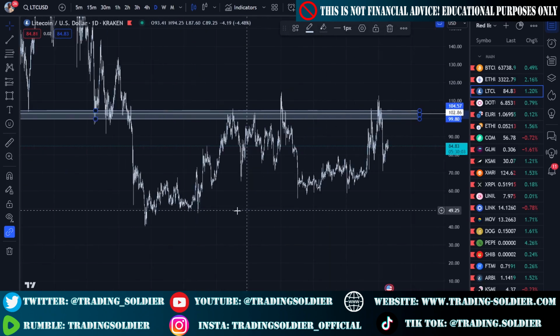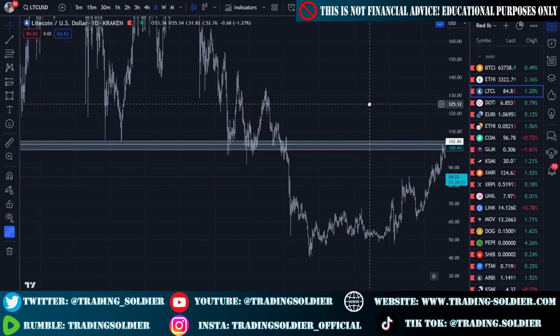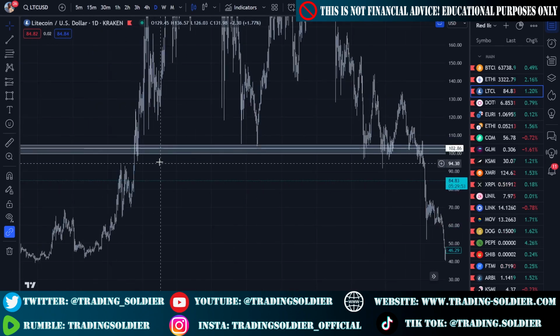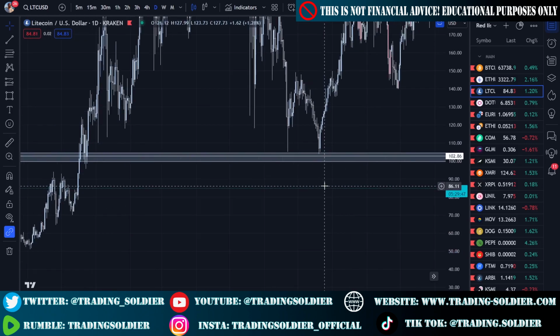But to identify these supply areas, we need to go back into the past, into the previous price action in the chart. So here we see weak rejections acting as a demand area, because you need to know that these areas flip.